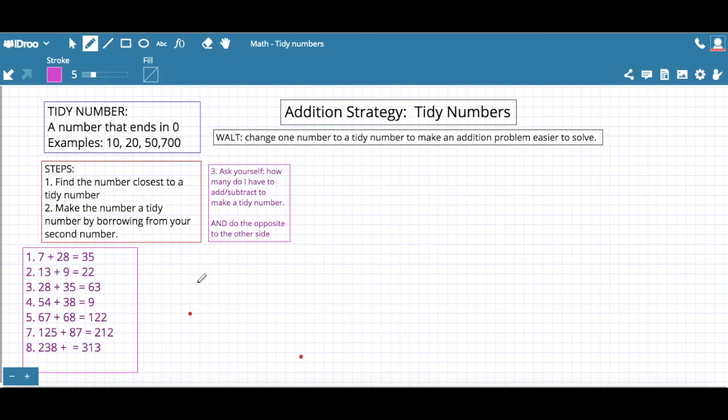So what I want you to do is, for the follow-up activities, I will create links. So if you can do problems like this, I'm going to call it challenge.